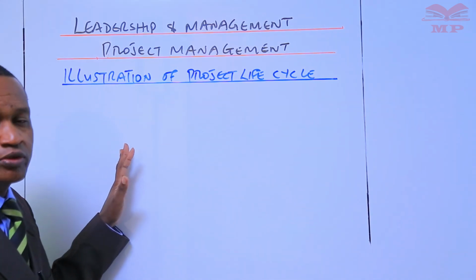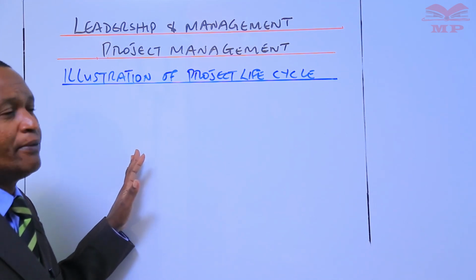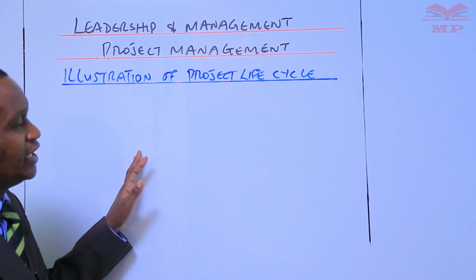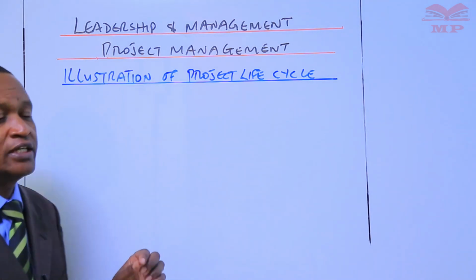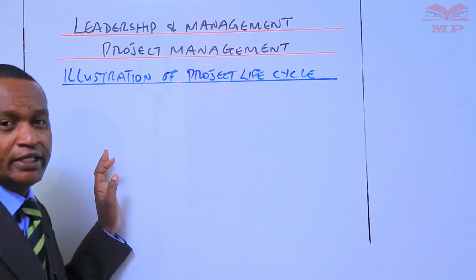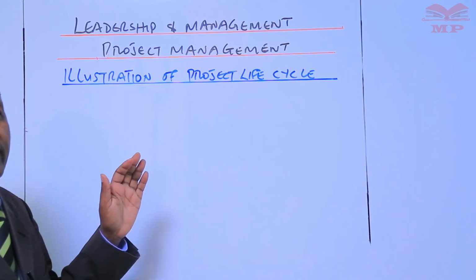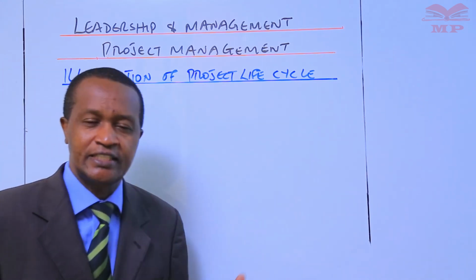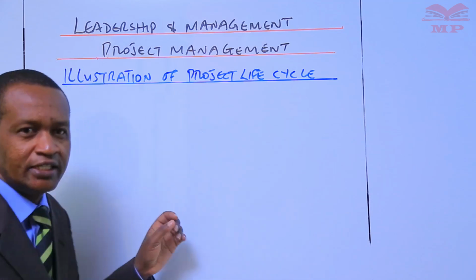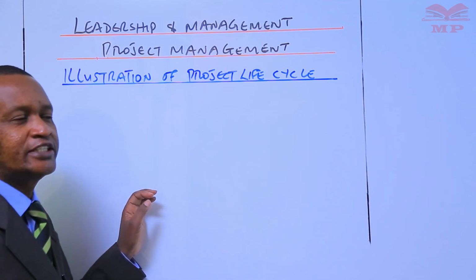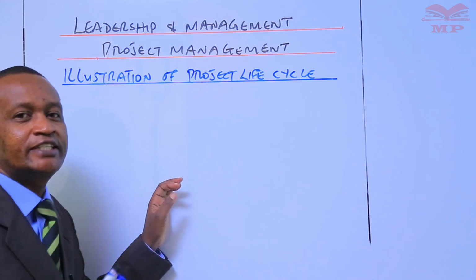Now, candidates, by now you know, based on what you have learned, that the amount of planning and the work that is required to complete a project can sometimes seem overwhelming. Why? Because there may be dozens and even hundreds of tasks that need to be completed at just the right time and in just the right sequence.